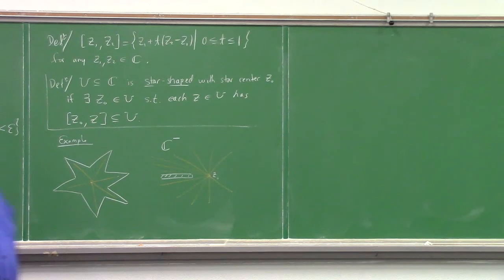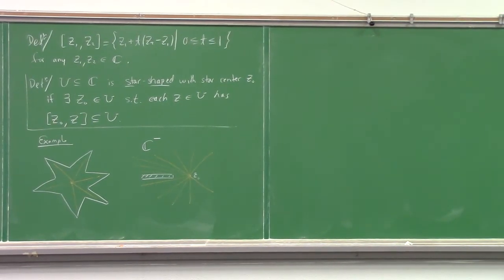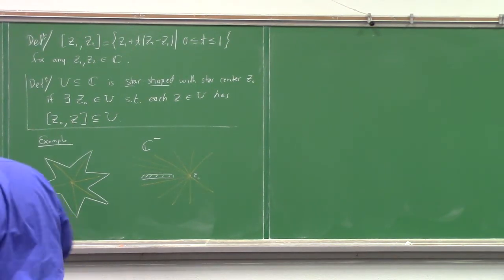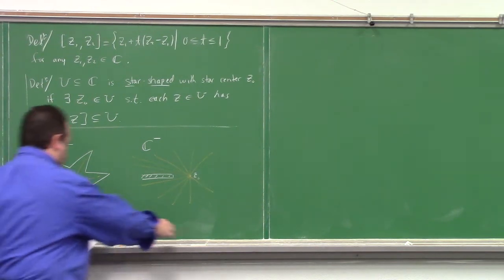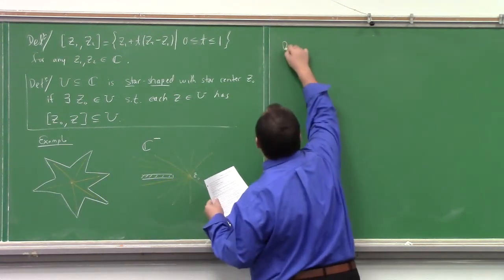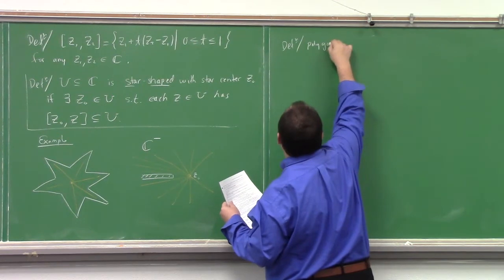Next up, what's a polygonal path? I sometimes call these piecewise linear paths. Definition, polygonal path.